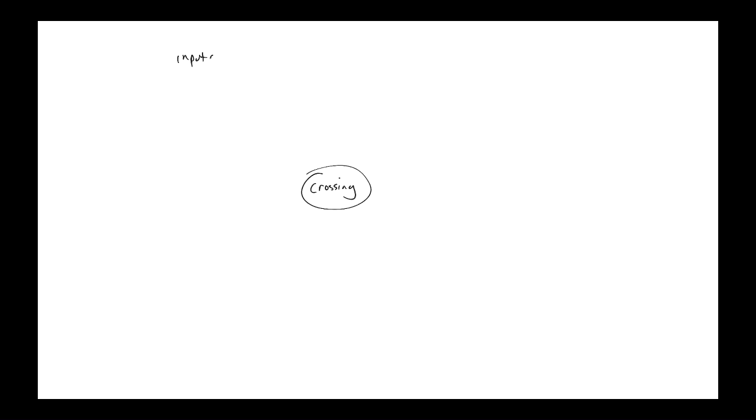I'll give you the 3 inputs: Sig R, Sig G, Sig Y. Just the 3 traffic lights. Let's say they're pure inputs. They're just telling me what state the light is in, basically. And there's only one output, and it's going to be pedestrian. It's also pure.